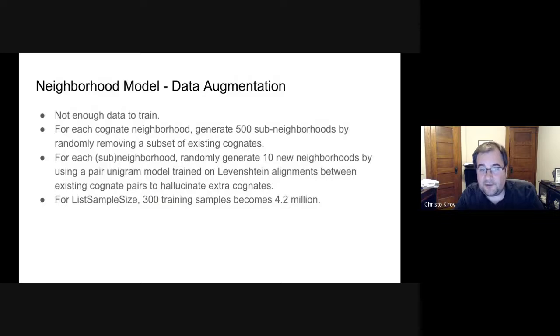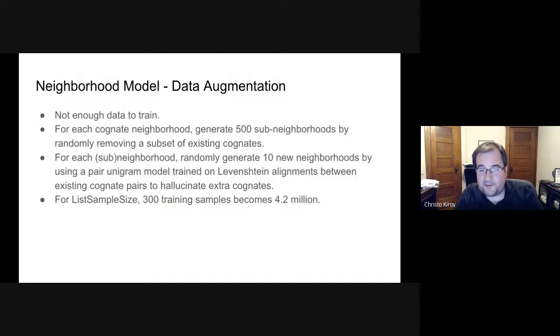As noted before, the transformer architecture is large and complex, and the amount of training data available for the task was tiny. So, in addition to varying the number of training steps we used, we took additional measures to mitigate the limited data. We augmented the available data in 2 ways. First, we created 500 different versions of each cognate set by randomly masking out a subset of the available cognates.